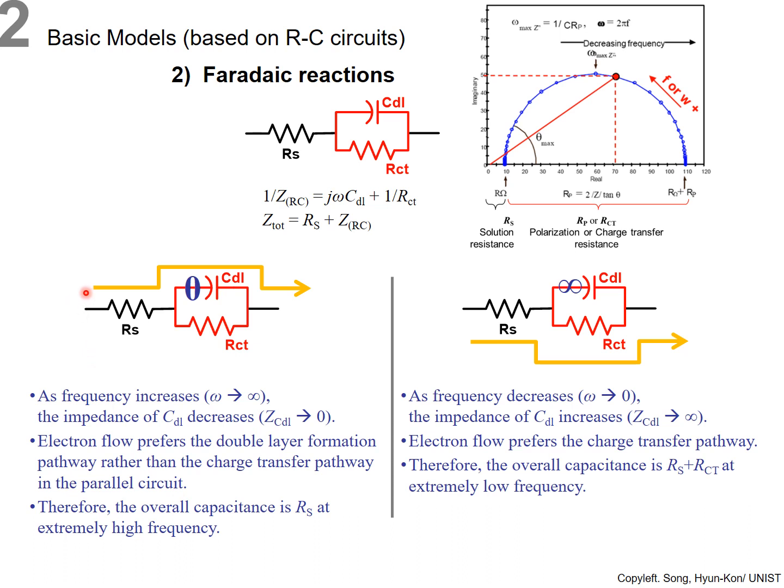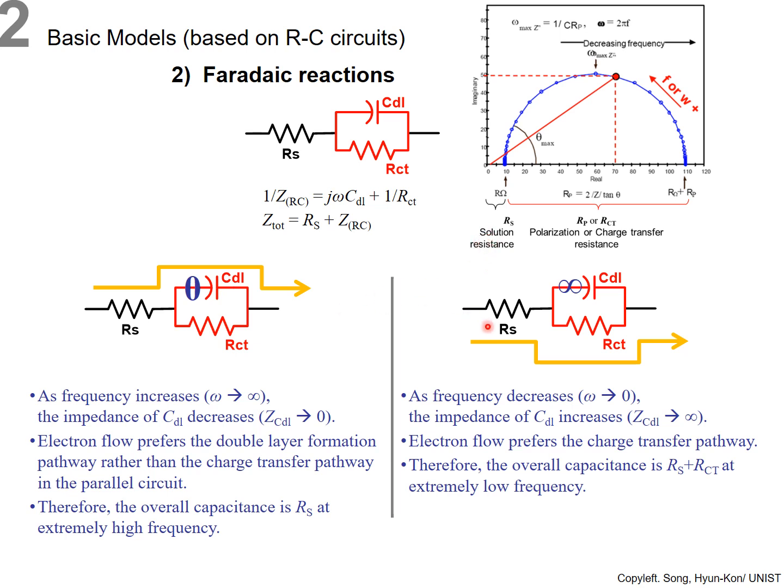So current flows through RS, then just copper wire, then going the other way. Therefore, the overall impedance is Rs in this case at extremely high frequency. So this point is obtained at high frequencies. Finally, we could obtain the solution resistance.